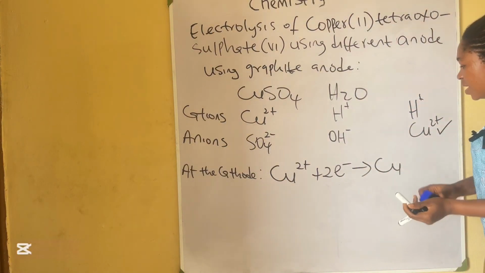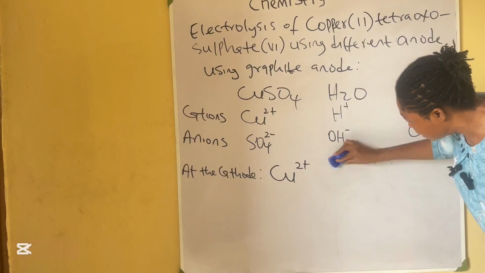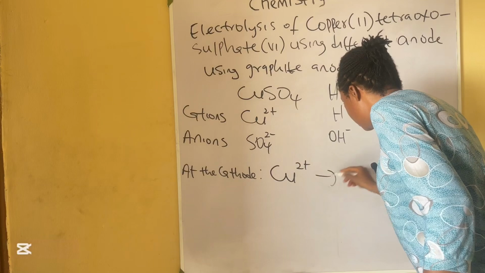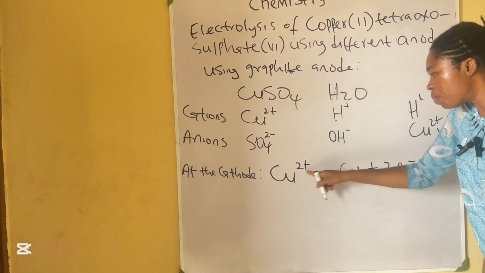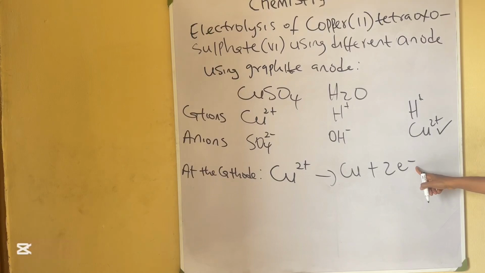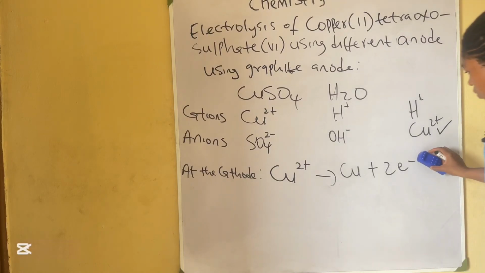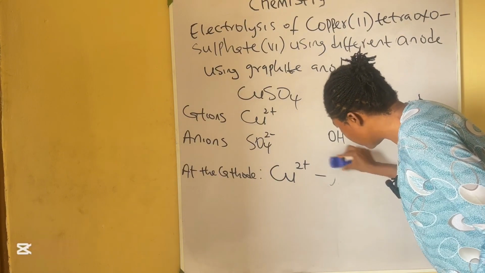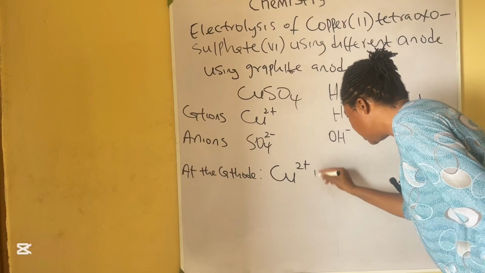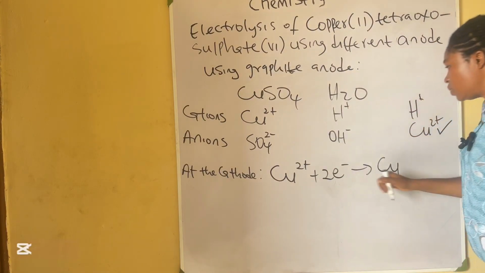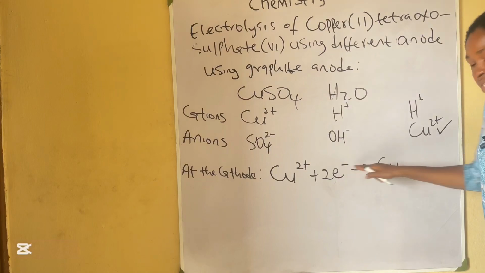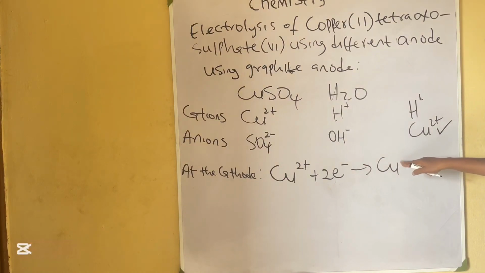Remember, if you write it like this and put this, just know you are wrong: 2 plus 2 minus, it is wrong. For the cathode, put your electron on the left hand side. So 2 plus 2 minus is 0. This compound doesn't have any charge.